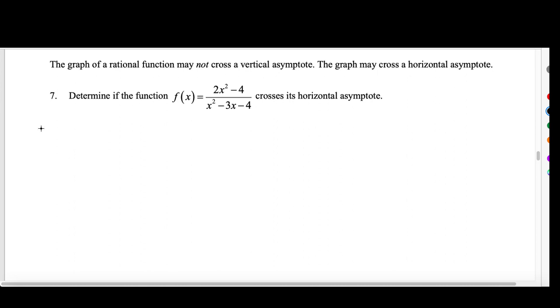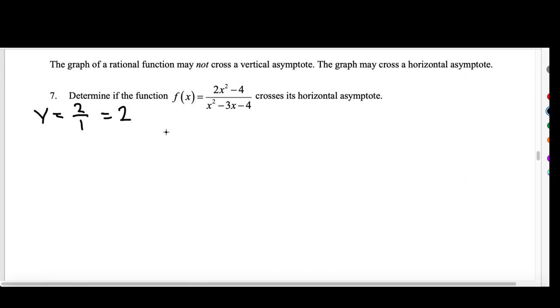When the degree of the numerator is the same as the degree of the denominator, the horizontal asymptote will be a horizontal line passing through a number dictated by the ratio of the leading coefficients, right? The numerator has a leading coefficient of 2. The denominator has a leading coefficient of 1, right? So the horizontal asymptote will be a horizontal line passing through y equals 2.